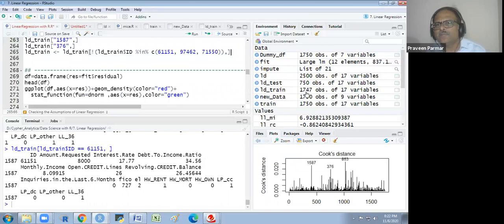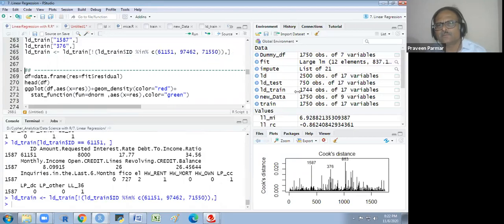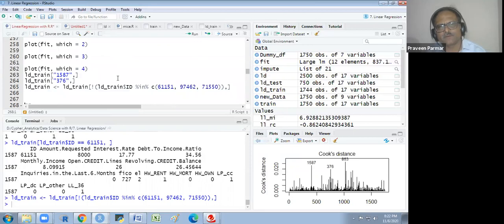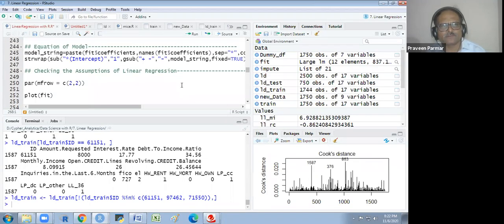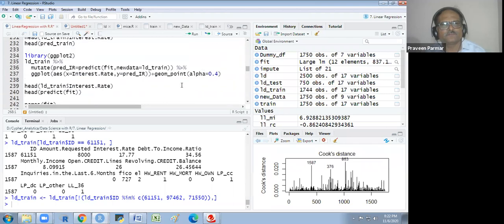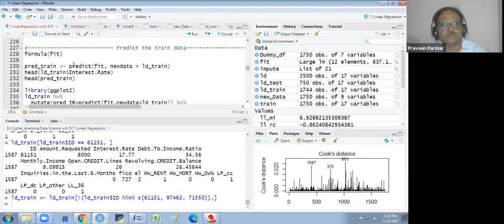You see how many are there? 7747, and I run this. I'm getting 1744 now. Is it clear? I run this model again. After removing this, I will train the model again.